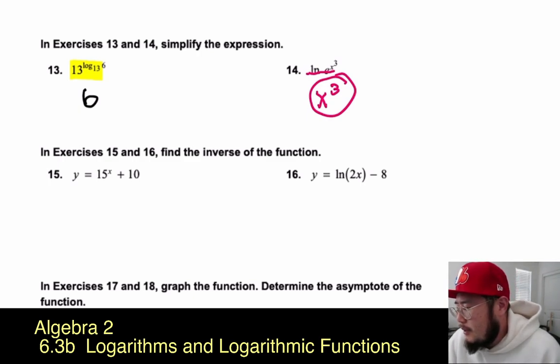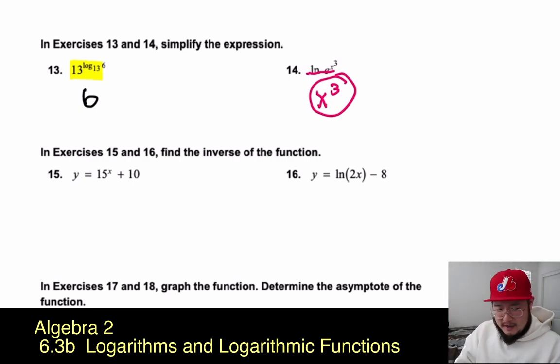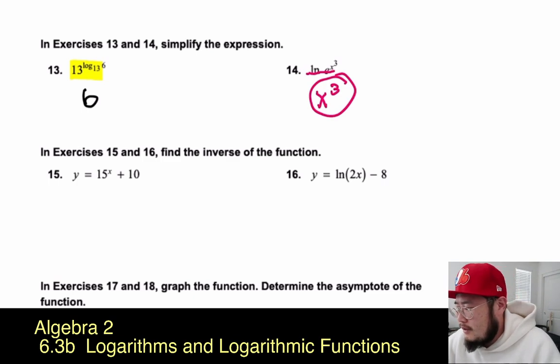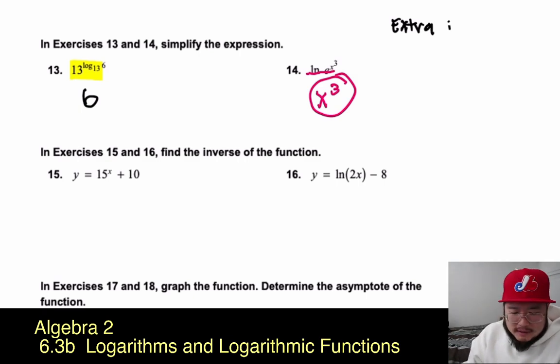Next up, let me go ahead and give you a few other examples to solidify your understanding of this. Some extra practice here.